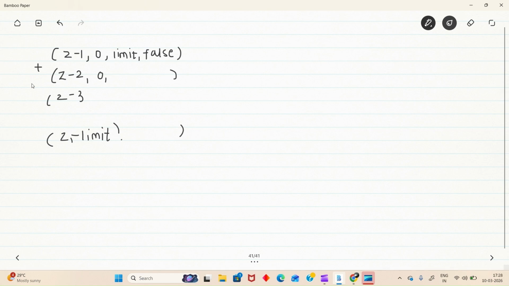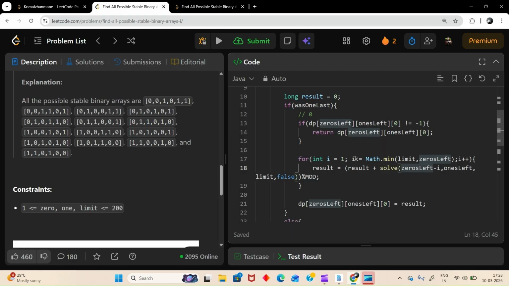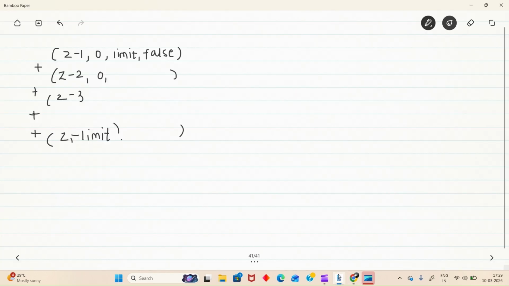We are taking the sum of all these. Since we do zeros left minus i, we are adding every time, which is basically a range sum. Now how can we optimize this? Why can't we have a prefix? We can use the prefix concept here.